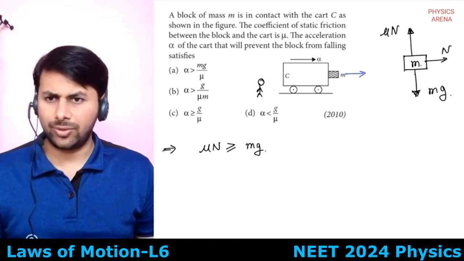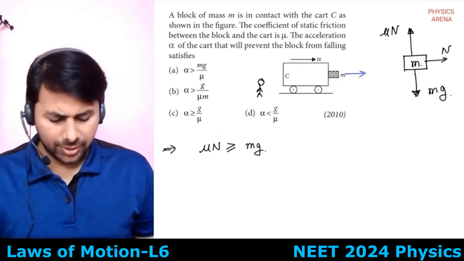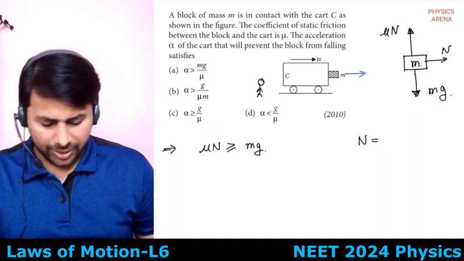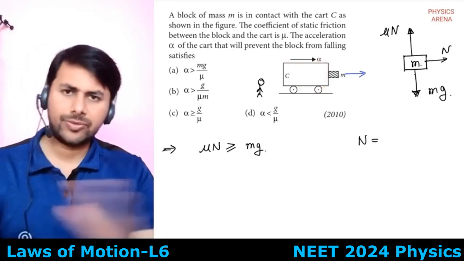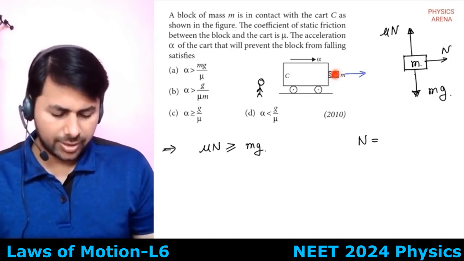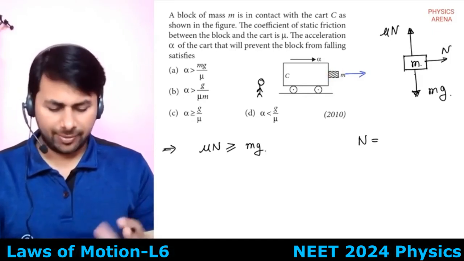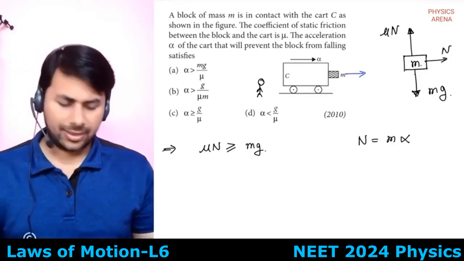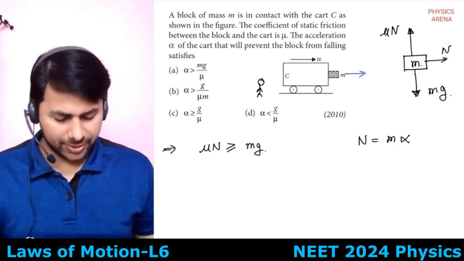Then only it will not fall. And the normal reaction is provided by this cart. It is moving with some acceleration, so the force on this mass m will be equal to mass multiplied by the same acceleration, m times alpha.